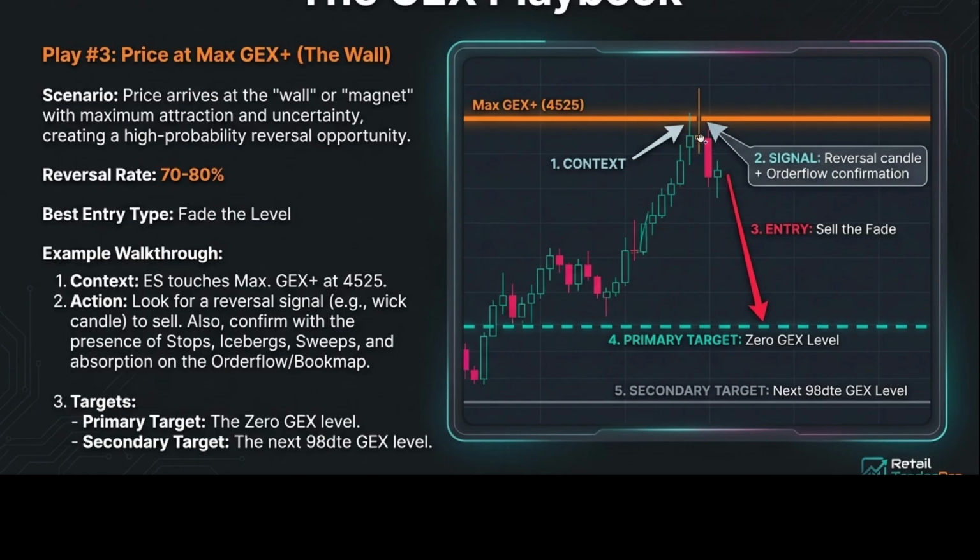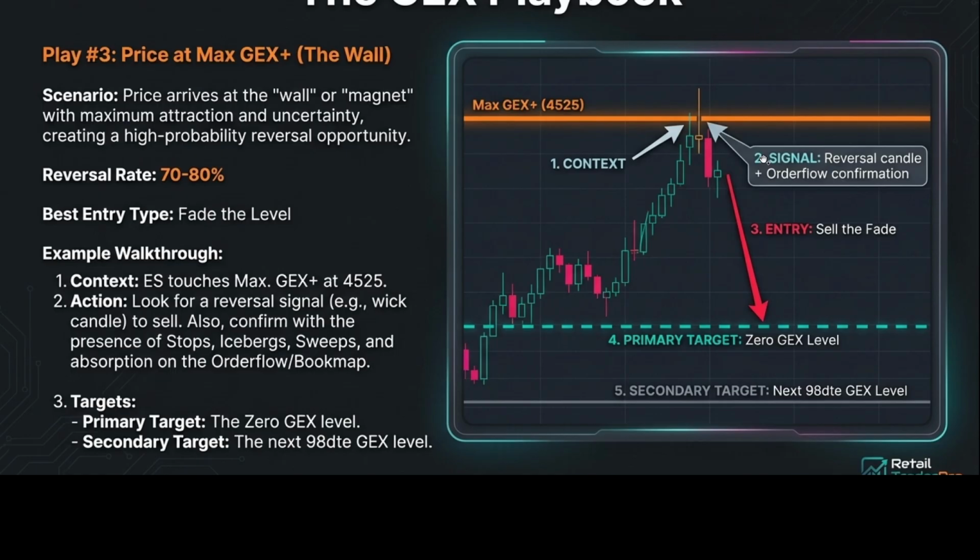When you see some pin bar, when you see a spike bar, or confluence data such as stops, orders, absorption, iceberg, sell icebergs, or other order flow information, you can use this information to take a reversal position.